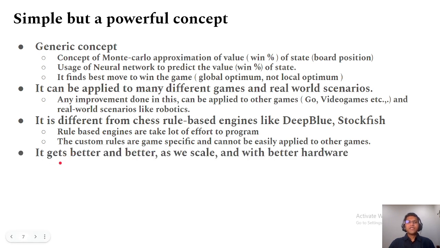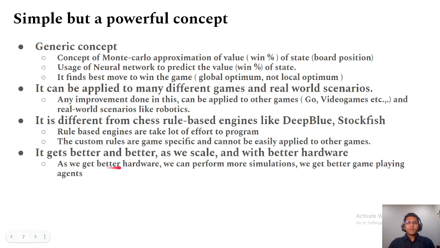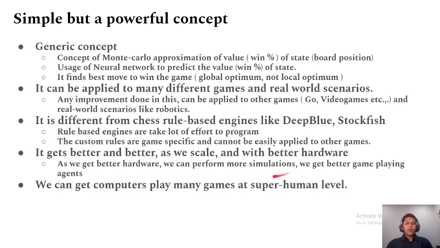And the next thing is it gets better and better as we scale and with better hardware. As we get better hardware, we can perform more simulations and we get better gameplay intelligence. You can do more approximations, you can perform more simulations, and you can arrive at better approximations, and you can train a bigger neural network, and it scales really well.